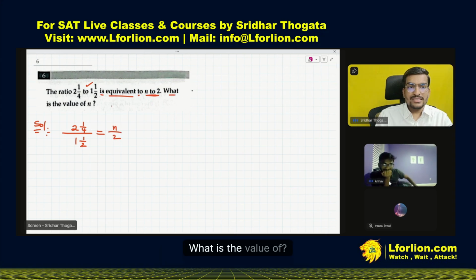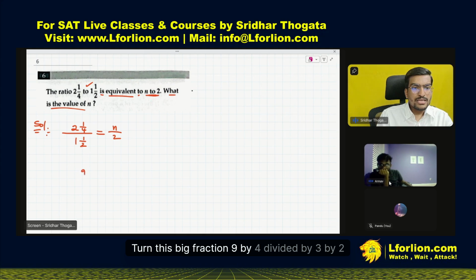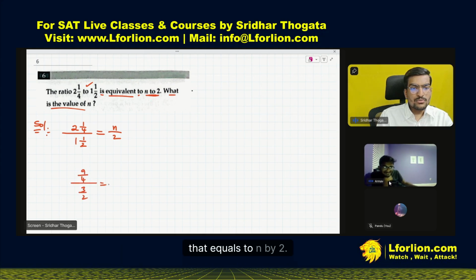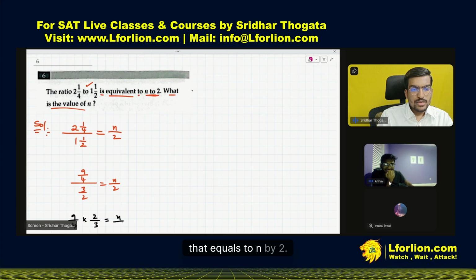What is the value of n? Just simplification. Just be careful while doing simplification. Just rewrite this, 2 1 by 4, turn this big fraction to 9 by 4 divided by 3 by 2, that equals n by 2. So you can write this 9 by 4 as it is times 2 by 3, that equals n by 2.